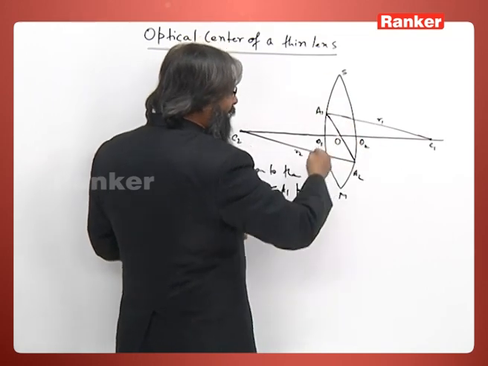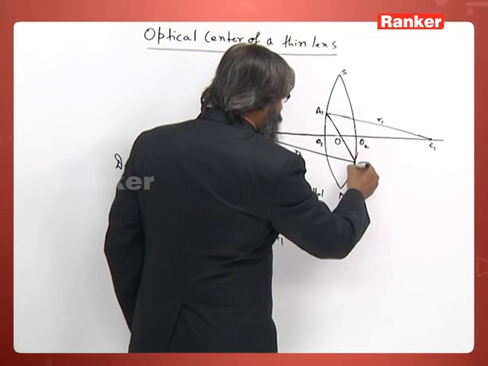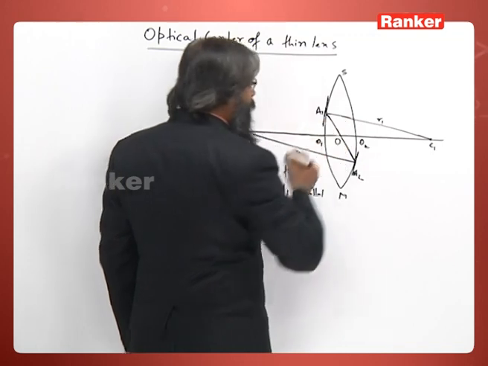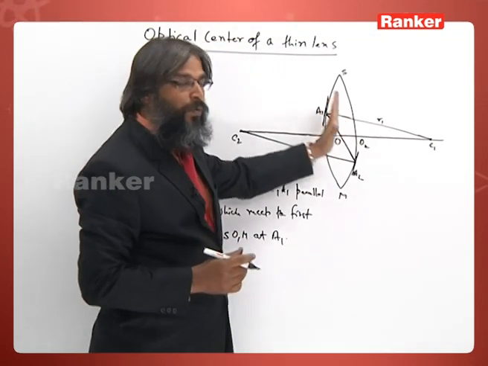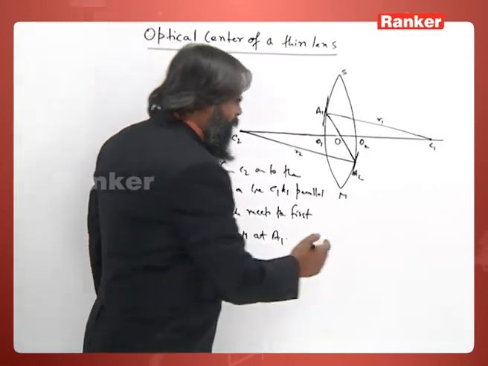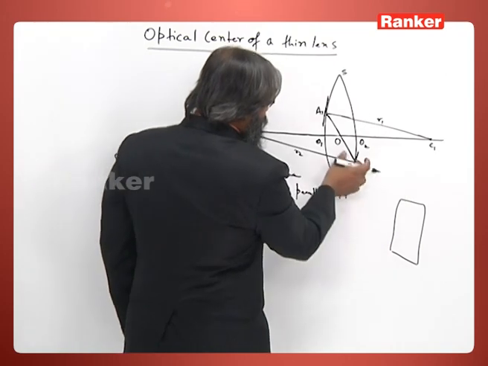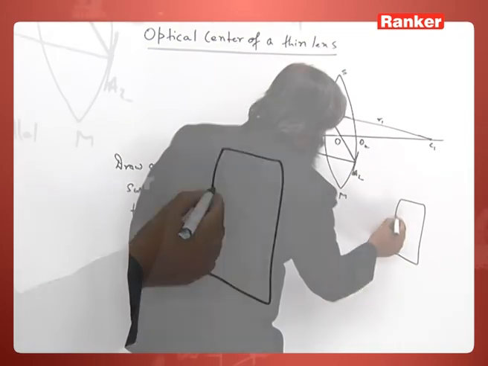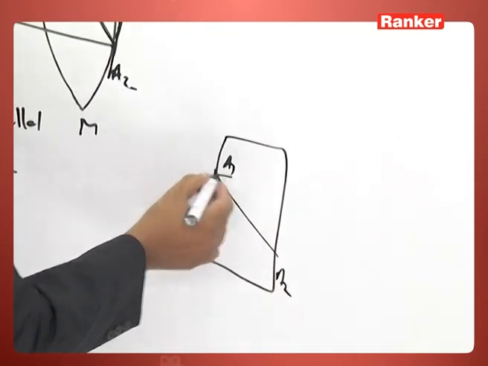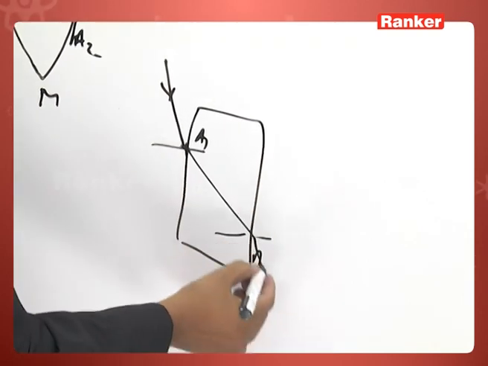This is the tangent plane and this is the tangent plane. These are the tangent planes. Now, you see these two tangent planes are parallel. So, if I have a parallel medium like this, with A2 and A1, and suppose a ray comes in like this, the ray will come out like this.